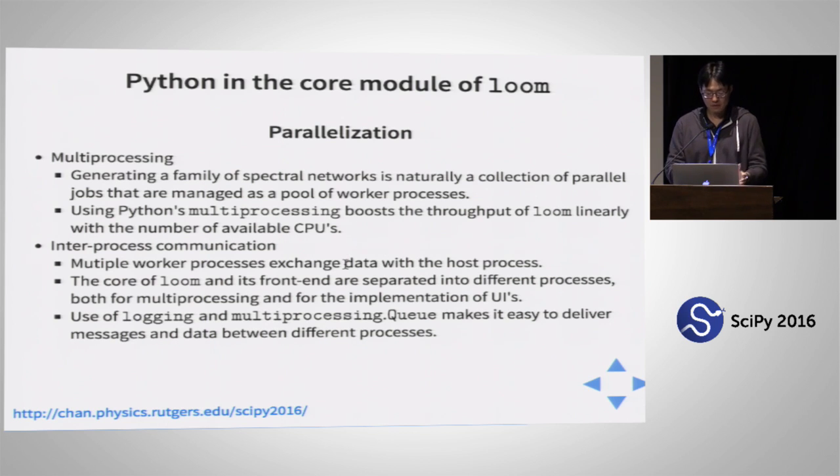And also, the core part of Loom itself is separated from the front end, which implements the user interface. So there are also two different processes involved. Usually inter-process communication between different processes is quite a work, and I was a bit worried about the amount of work.